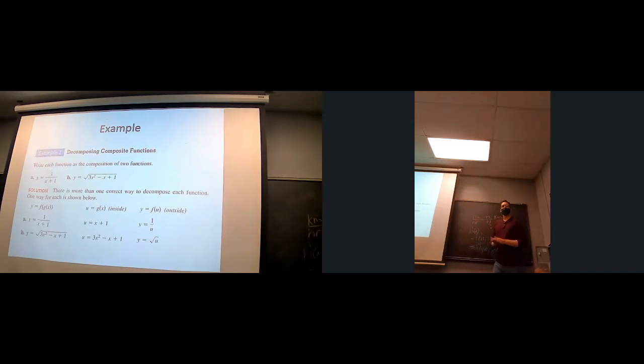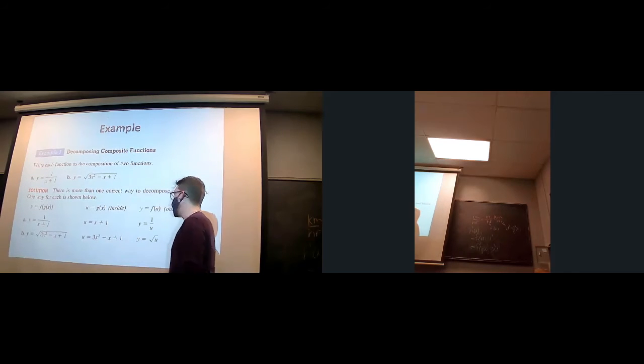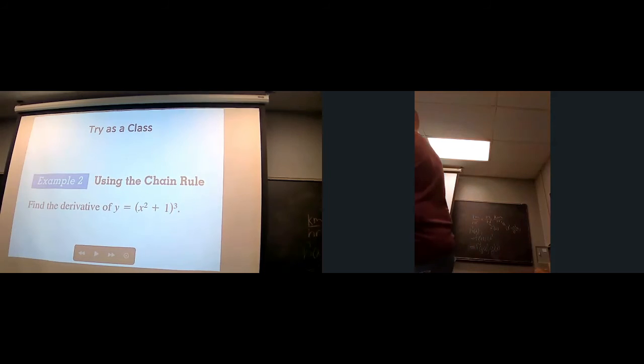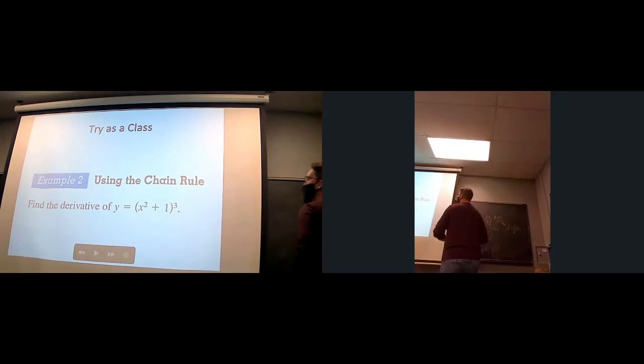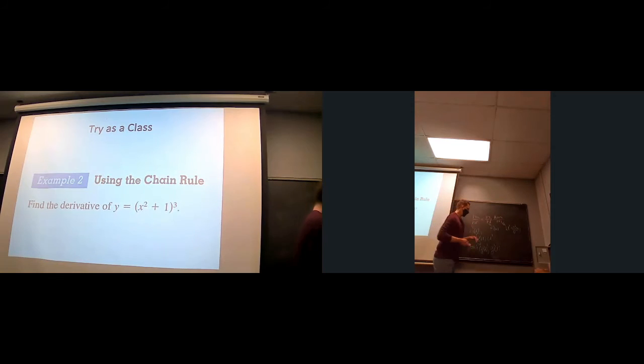Does that make sense to what I mean? Kind of, sort of? Similarly, got this radical. Same idea. So, having said that, I want you all to try this on your own. Give yourselves 2 minutes to get it done.